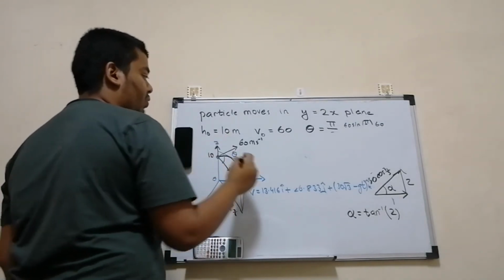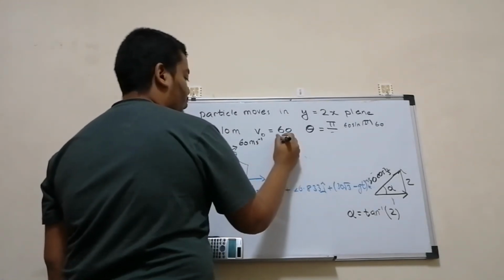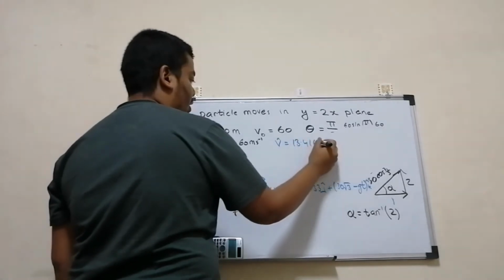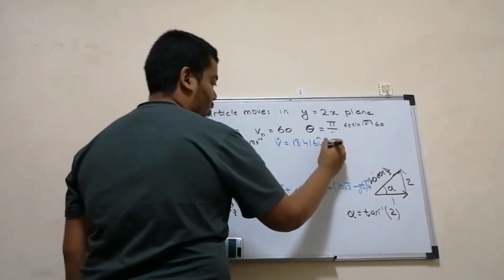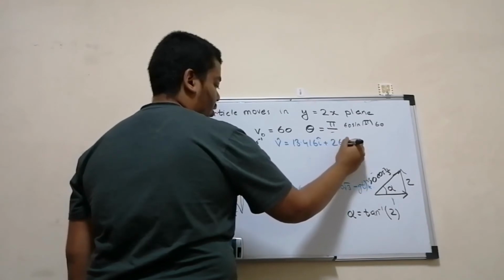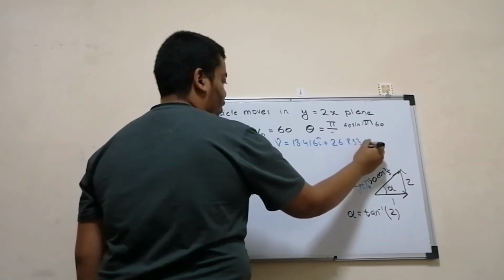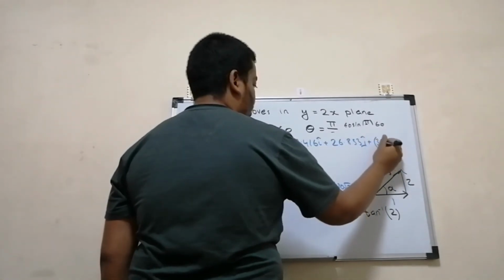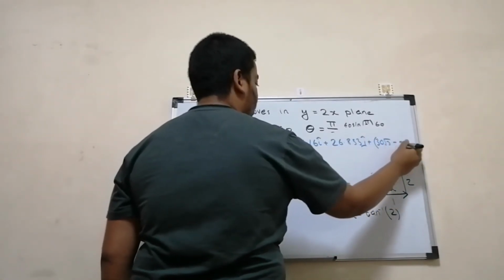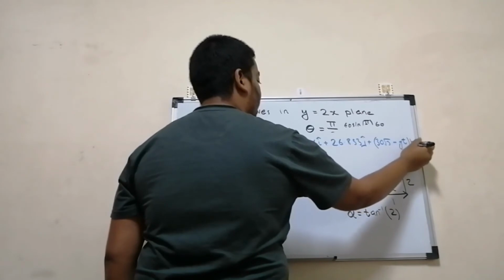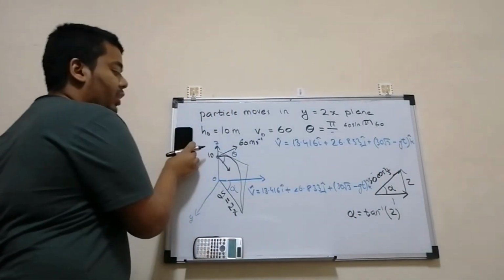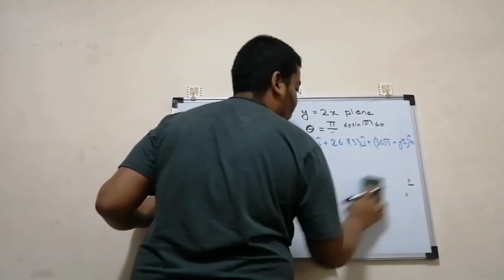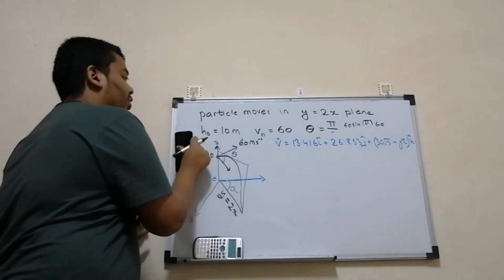The final velocity vector is given by V is equal to 13.416 I plus 26.833 J plus 30 square root 3 minus GT K. Perfect. Now let's see how we can get the position vector.